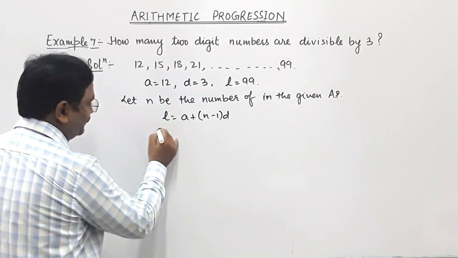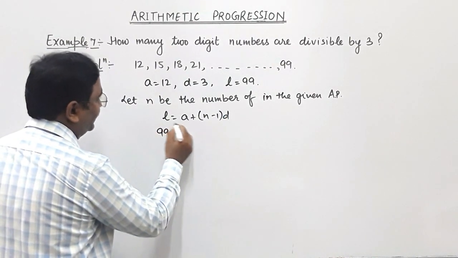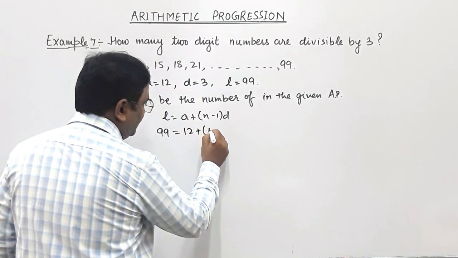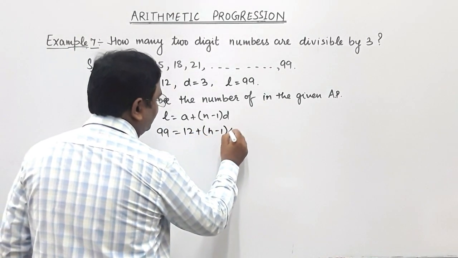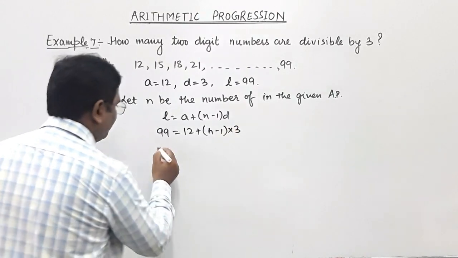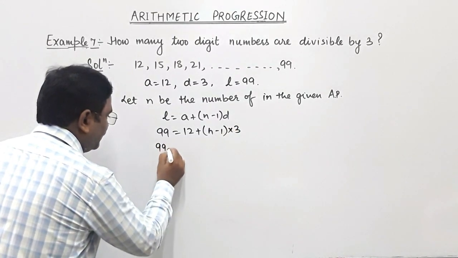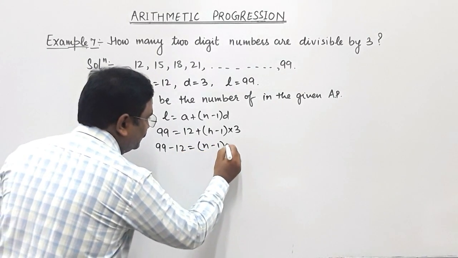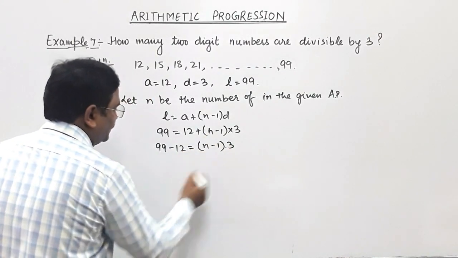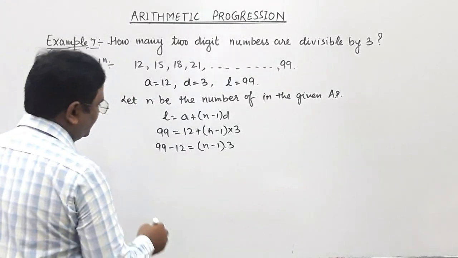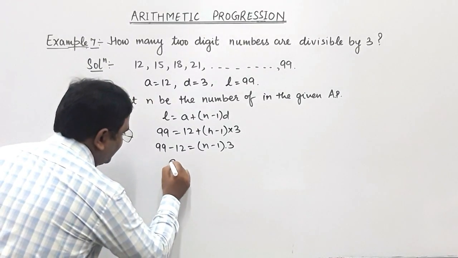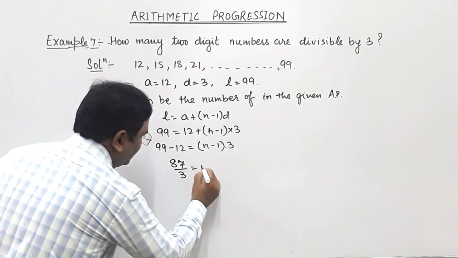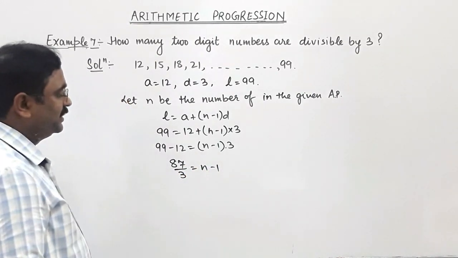So substitute the values. The last term is 99, the first term is 12, plus (n minus 1) into d, which is 3. Let us simplify. 99 minus 12 equals (n minus 1) into 3. 99 minus 12 is 87, divided by 3 equals n minus 1.